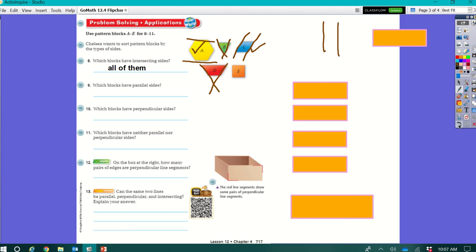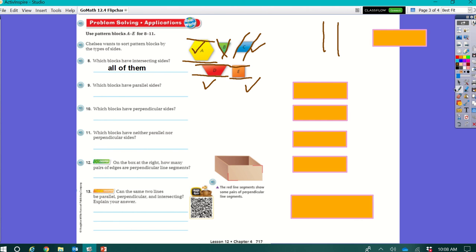So those two lines are not parallel, they're actually intersecting. But let me try the top and bottom. If I do the top and then the bottom and continue it, you can see that those are parallel. And then for E, you could do either side, top or bottom, side to side, because it actually has two pairs of parallel sides. So the two sides are parallel, and the top and the bottom are parallel.